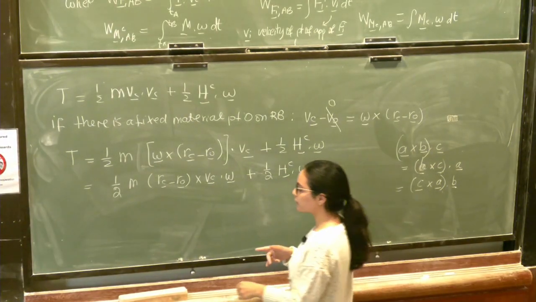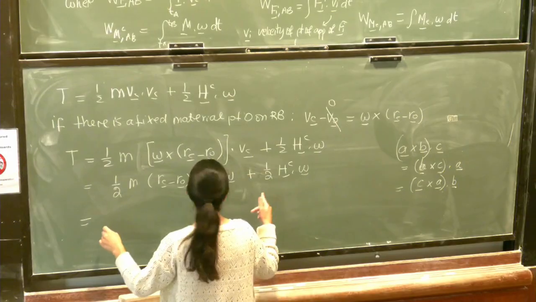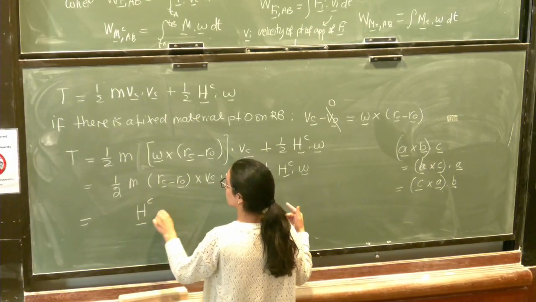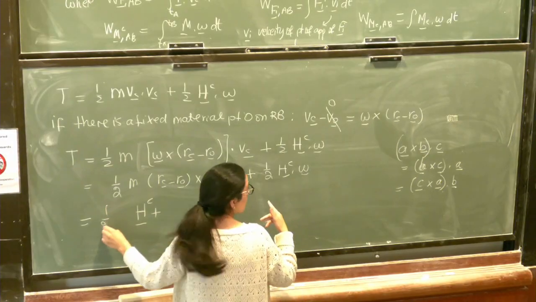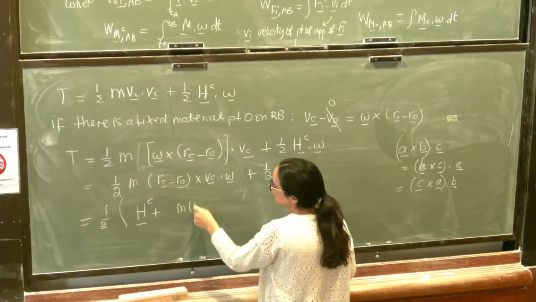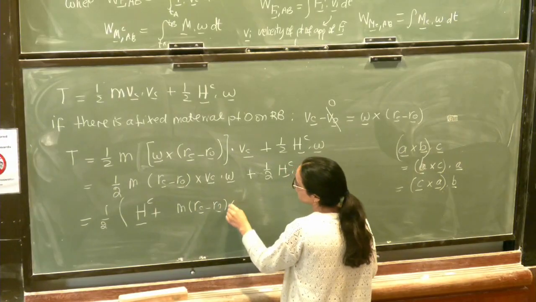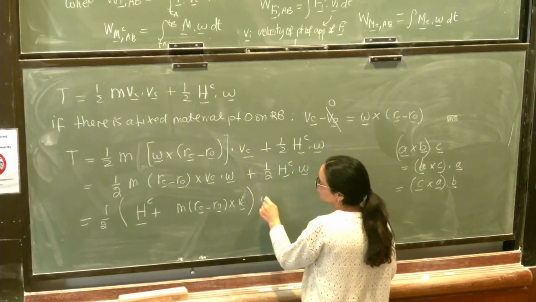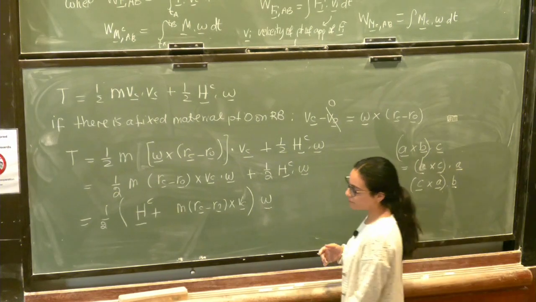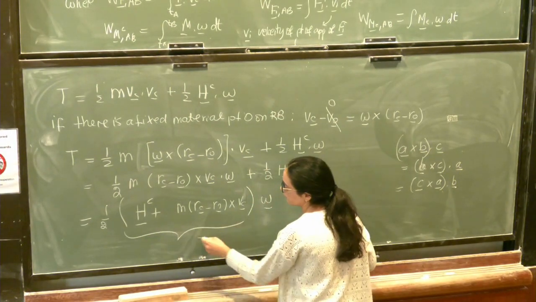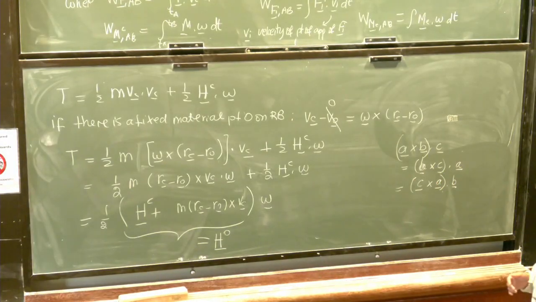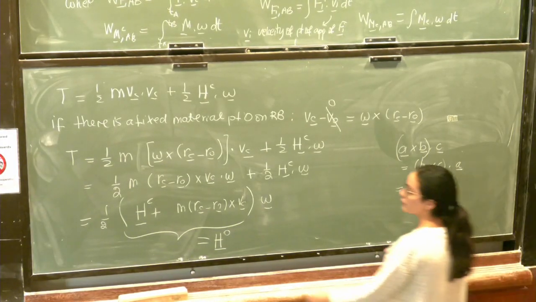Then I should be able to take omega as a common factor. Half (HC plus M (RC minus RO) cross VC) omega. And I think this should be equal to HO. So we get half HO dot omega. Hopefully we did not make any mistakes.